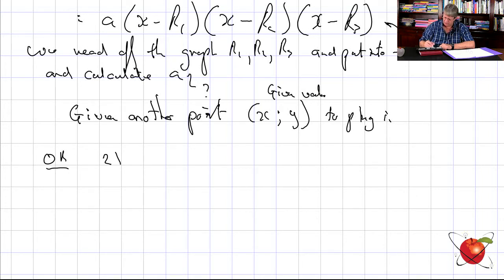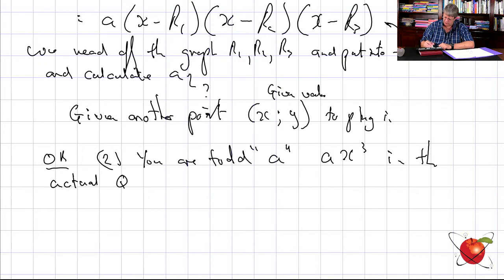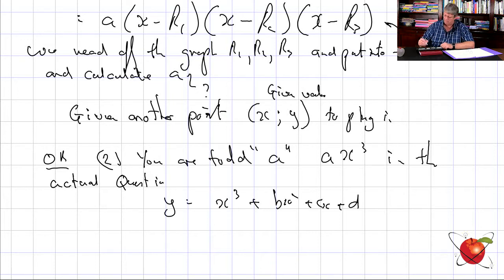Or, number 2, you are told a, the coefficient of x cubed, remember, ax cubed in the actual question. They will say something to this effect: y is equal to x cubed plus bx squared plus cx plus d. Be very, very careful.